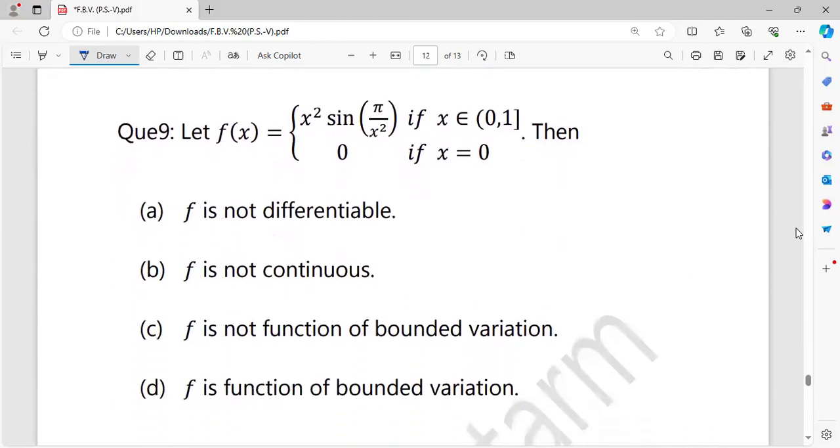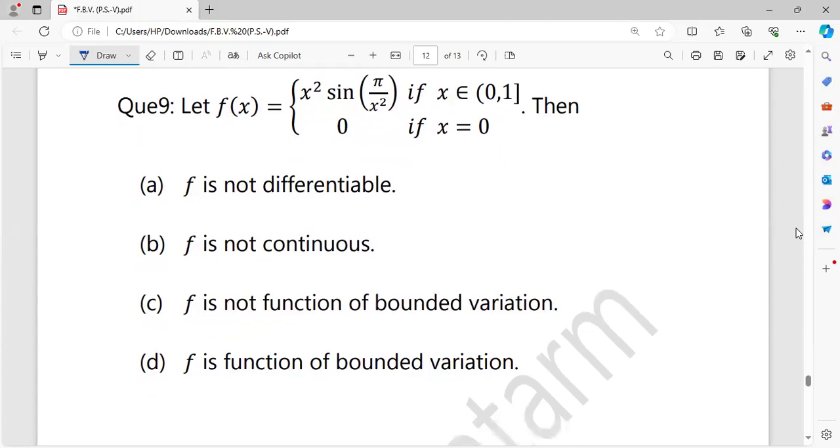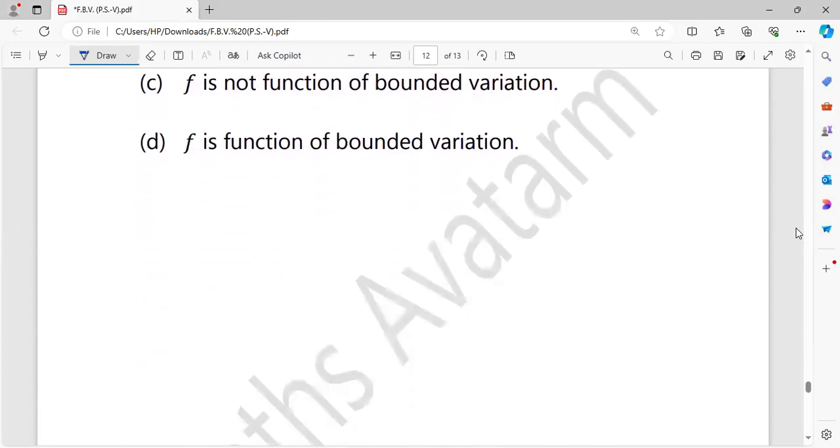Now this question is similar to question number 6. Only cos is replaced by sine. So f is not differentiable. F is differentiable. F is continuous also. So options A and B are not correct. C: F is not a function of bounded variation. D option is F is a function of bounded variation. Okay. So let's see. Now what is alpha here?